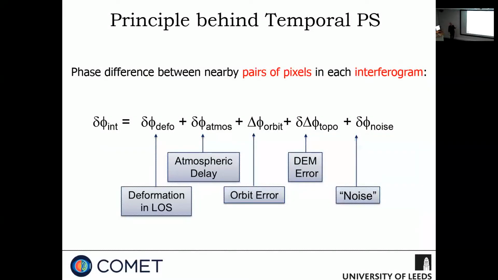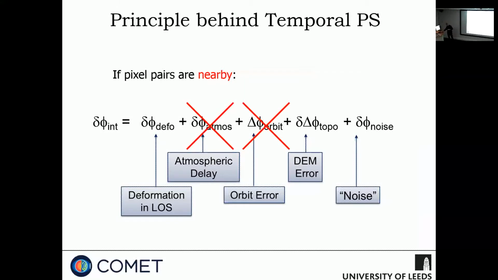Okay, so the principle behind this temporal PS approach is this. If you take two pixels nearby and subtract the phase of one from the other, you kind of cancel out the atmospheric and the orbit terms, because the atmospheric signal is very correlated spatially. If you have two points which are nearby, they almost see the same change, so you almost cancel it out. It's the same with the orbit.